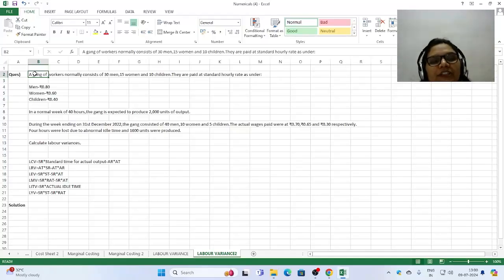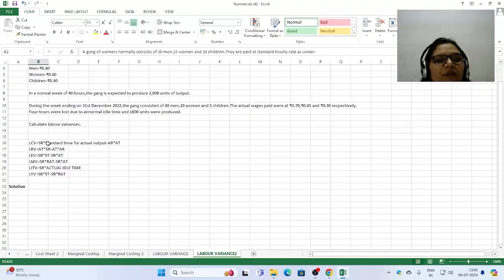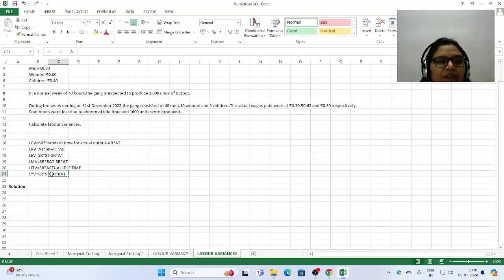A lot of calculations, in the sense that it will look very complicated. So to make the calculation easy, what we will do first is write all the formulas in front of us. And now proceeding, we will do certain basic calculations.